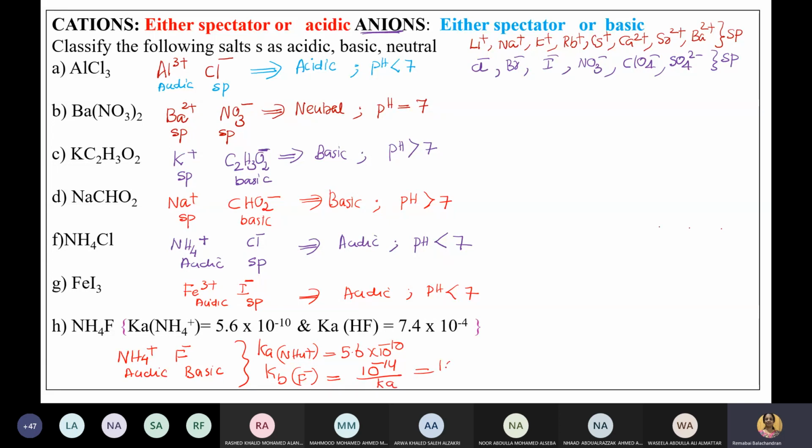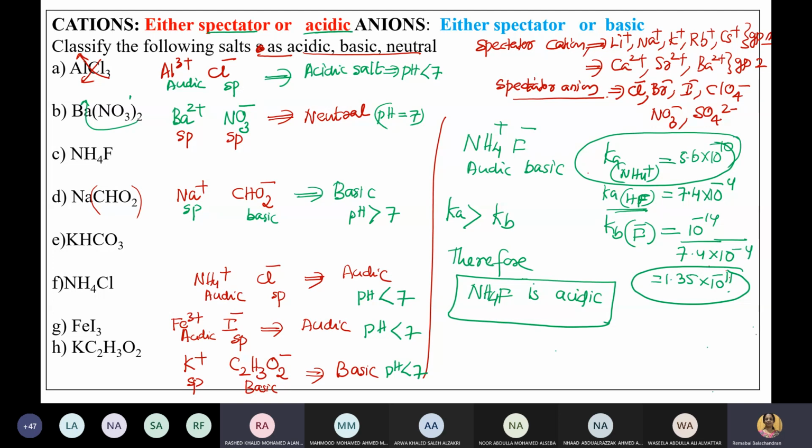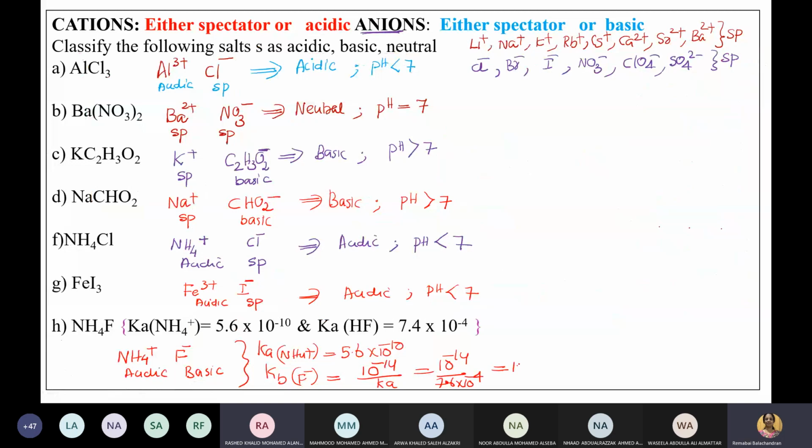So that is 10 to the power minus 14 over 7.6 times 10 to the power minus 4. The answer is 1.35 multiplied by 10 to the power minus 11.